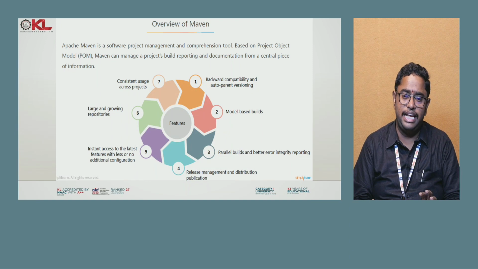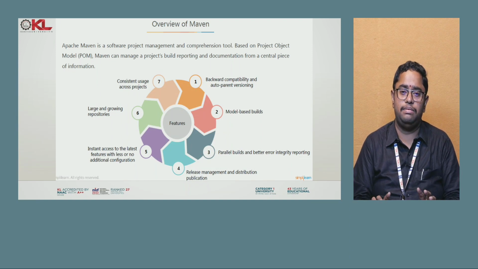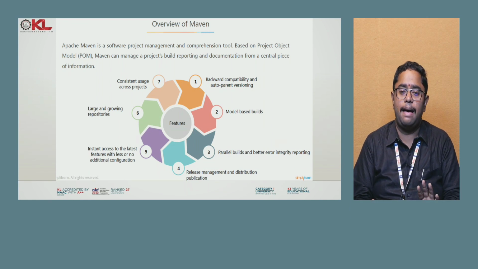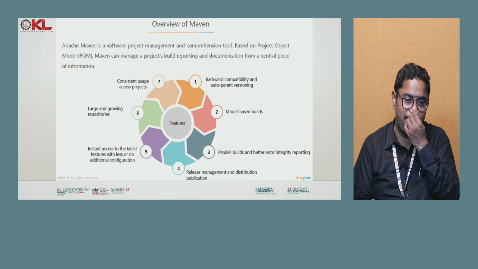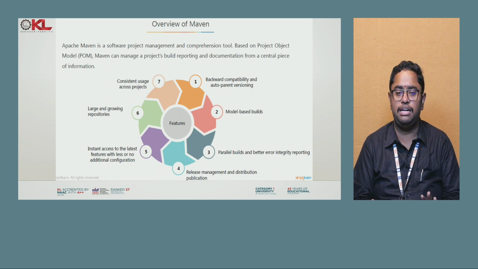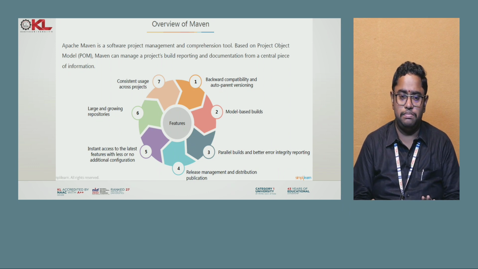And the third one is parallel, or we can call it the distributed work culture, which is applicable with respect to Maven without any deviations. The release management and distribution publication is nothing but incremental releases, so it is also capable of supporting incremental releases.